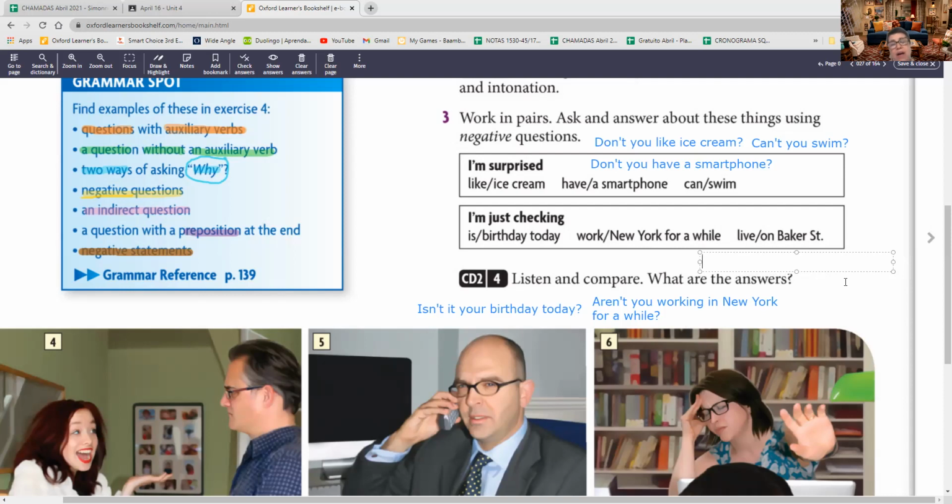Of course, it's possible to live temporarily somewhere, but usually the verb to live indicates a permanent state, or at least something for a considerable amount of time, right? You just don't live for 2 days, for example, in a place.